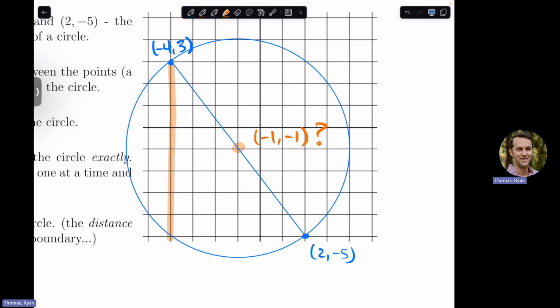How far down and how far over do we go to get from one to the other? Down 8. 1, 2, 3, 4, 5, 6, 7, 8.